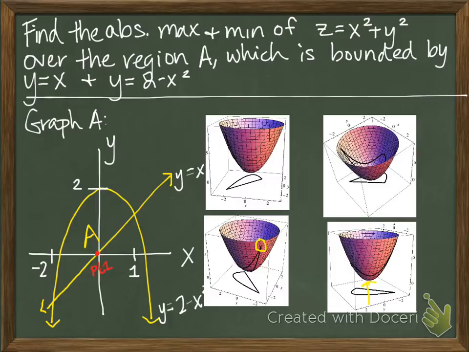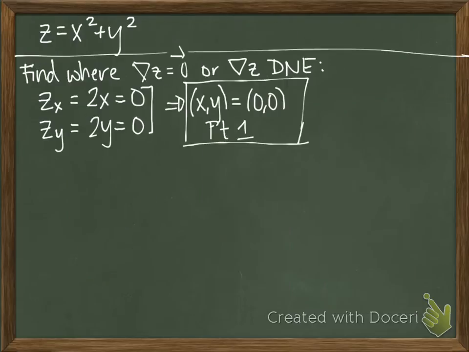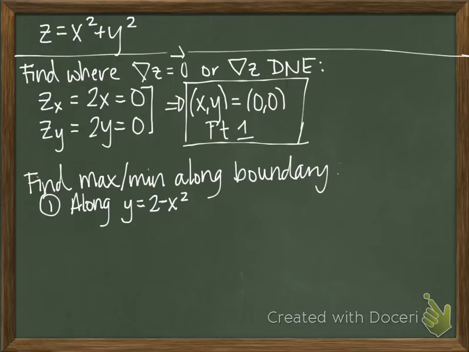Okay, so now we're going to look along the boundary itself. And I'm going to start along the top part of the boundary, so along the parabola. We're interested along that top parabola, flipping to the next page here, that we want to find potential places where z is going to be a maximum or a minimum.